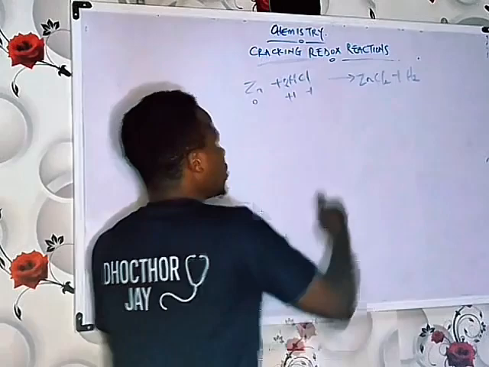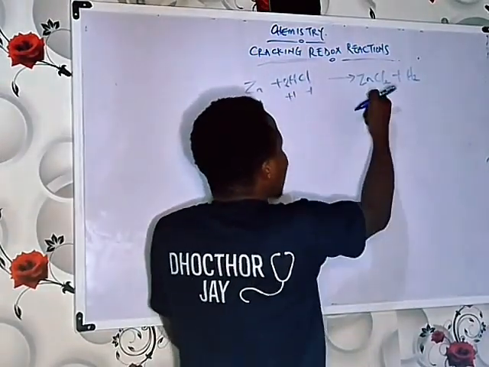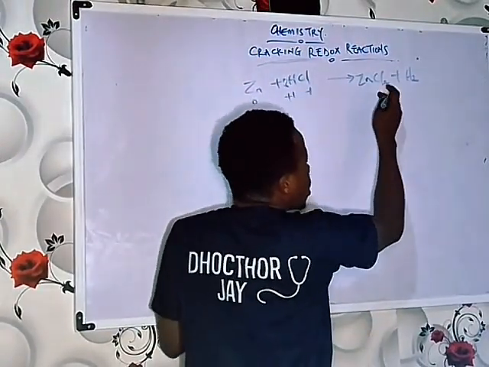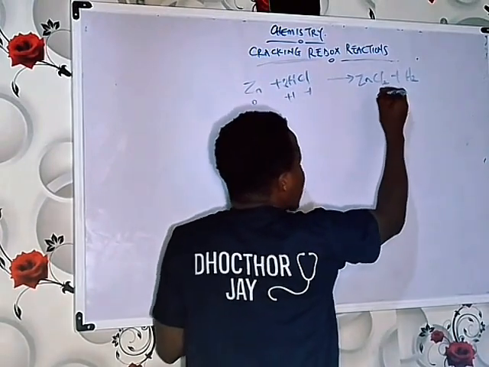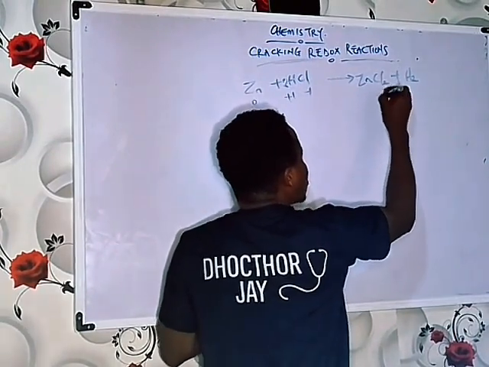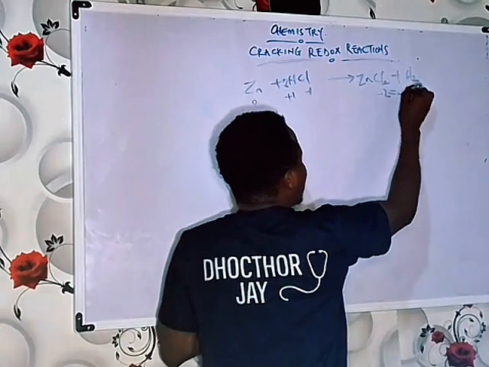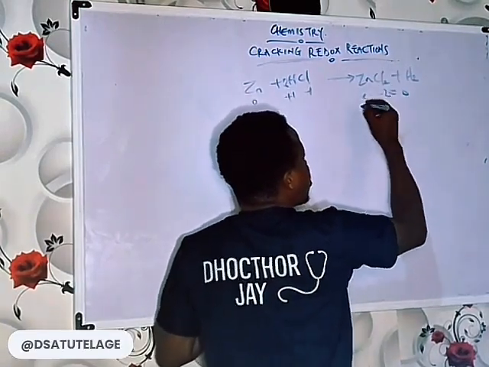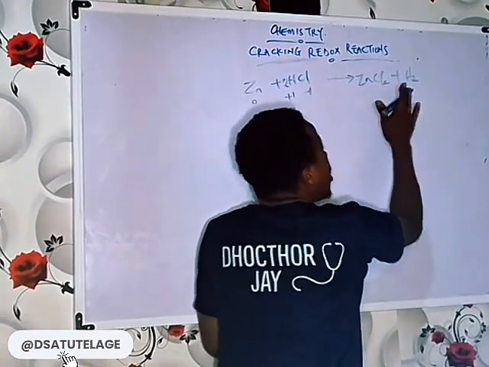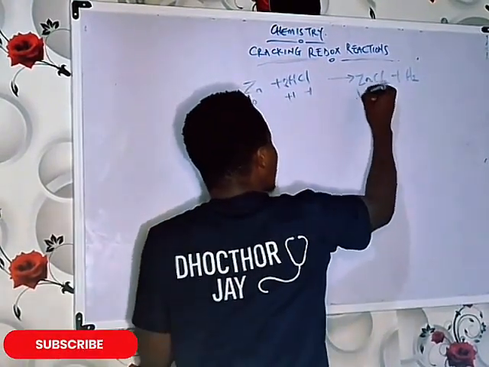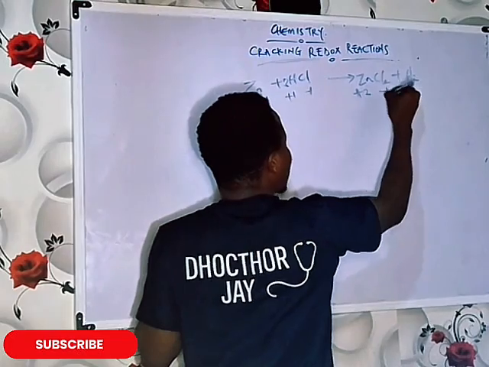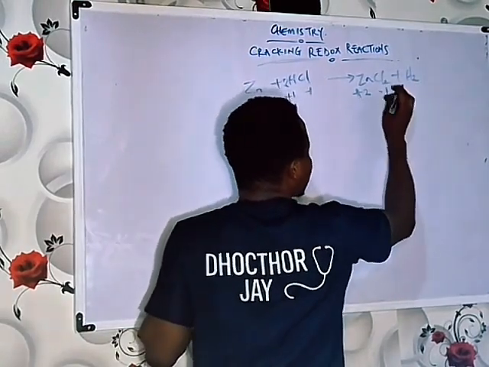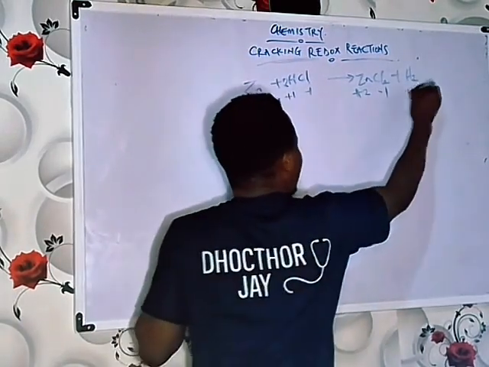Then you come here to zinc. Let's say we don't even know zinc. We know that chlorine is -1. -1 times 2 is -2. -2 plus x equal to 0, where zinc is x. x minus 2 equals 0. When -2 crosses to that side, it becomes +2. So zinc is +2, chlorine is -1, and hydrogen is in a stable state, that's 0.